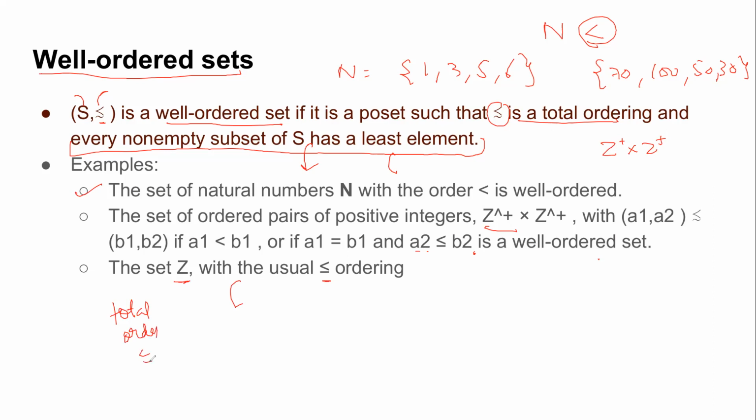Is it a well-ordered set or not? And if it is not, why? Can you give me an example where this fails? Irpika says no, which is actually correct. It is not a well-ordering, but can you give me a counterexample? Why did you say no? Because it satisfied this condition, this and this. Only this is the questionable condition.